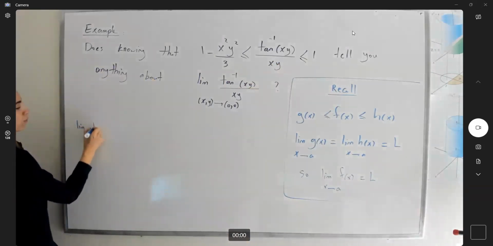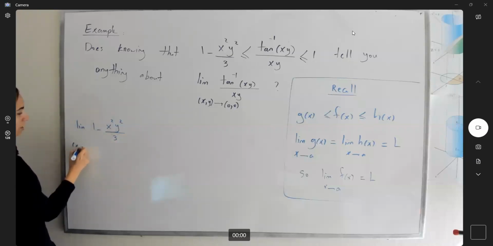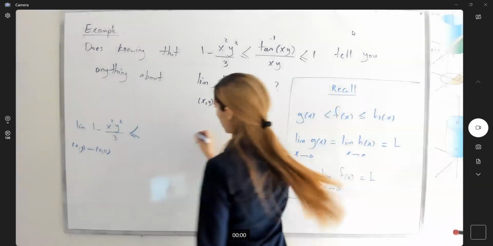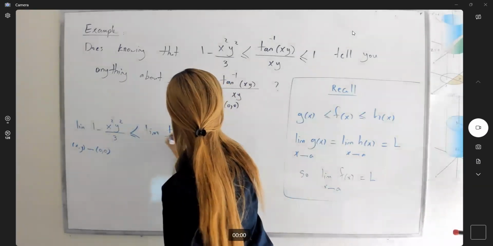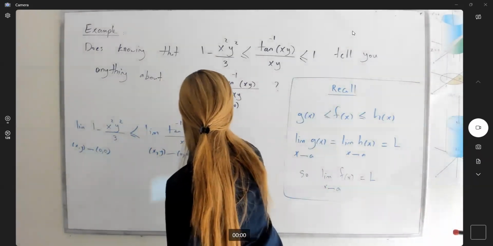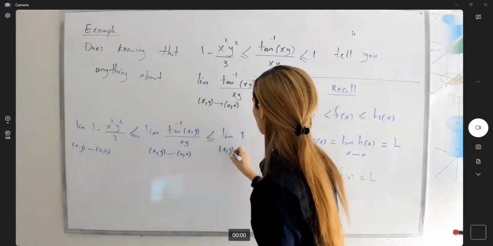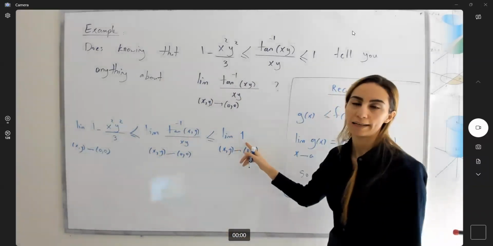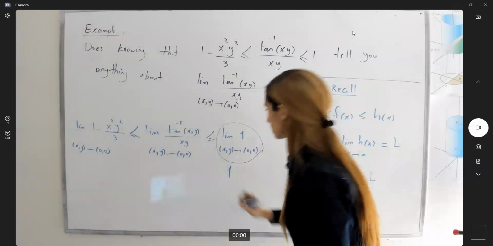The limit of 1 minus x squared y squared divided by 3 as x and y go to 0 and 0, and the limit of your inverse tangent xy divided by xy as x and y go to 0 and 0, which is less than the limit of a constant value 1 as x and y approach 0 and 0. Well, the limit of 1 as a constant function is always 1. So on the right hand side, this guy is 1.